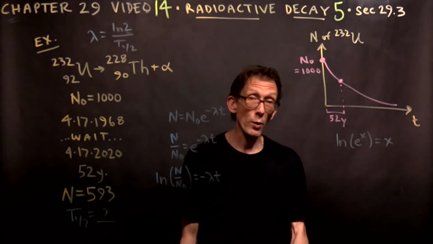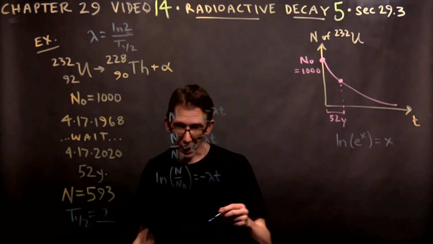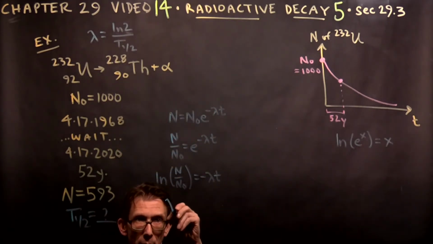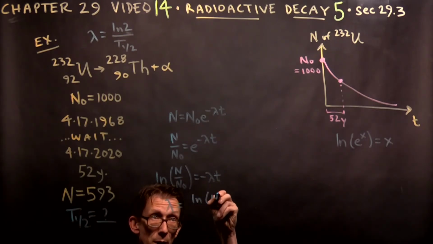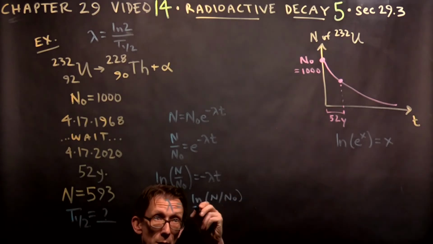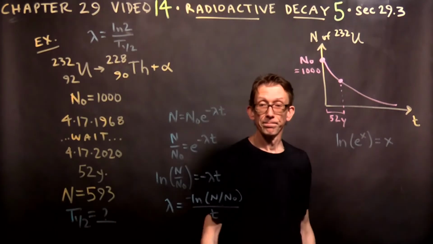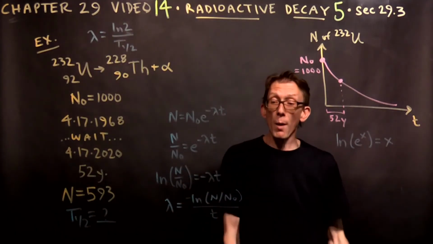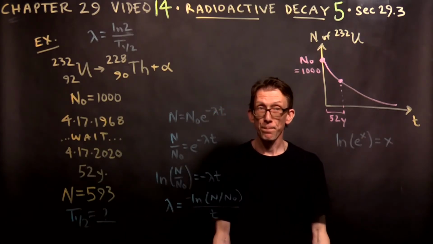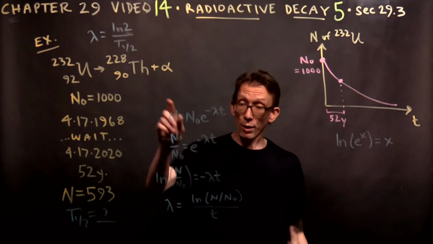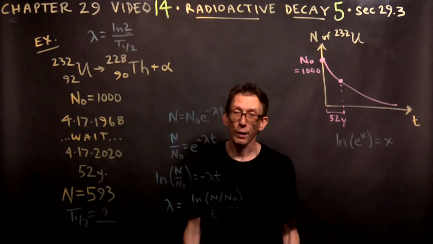So lambda is equal to minus the natural log of N over N naught, divided by t. We know all those numbers. Once we have lambda, we can solve for t 1/2, the half-life.